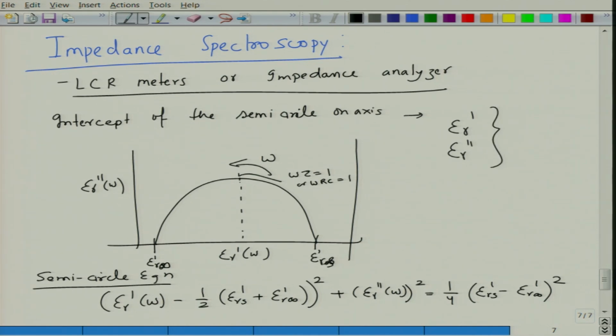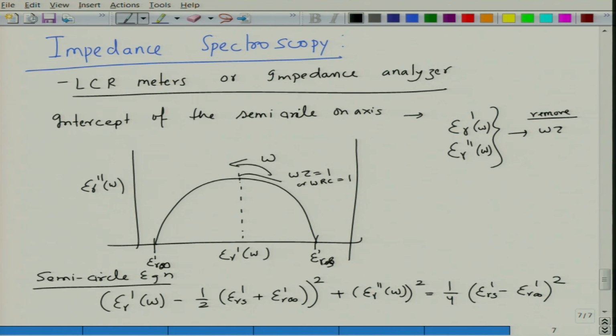If you remove omega tau from these equations, this is what you should get. This is the variation of dielectric constant as a function of frequency.